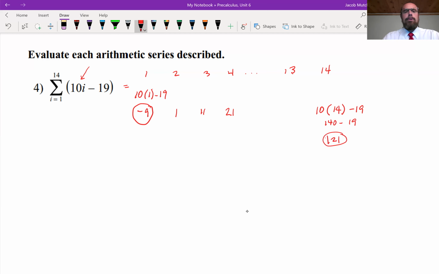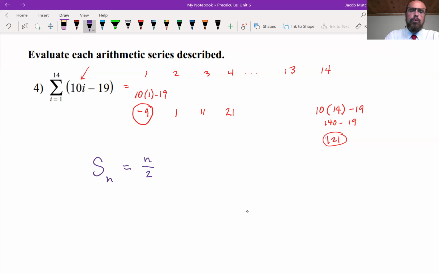So we've skipped some of the middle terms, but again, for me to evaluate the arithmetic series, I've got a formula that really only needs the first and the last. So let's set it up. I want to calculate the sum of the first 14 terms. So again, my formula is n divided by 2. In fact, let's put it in general terms first here.